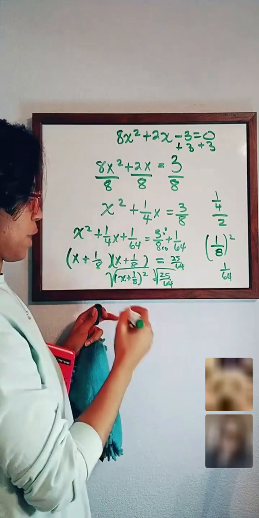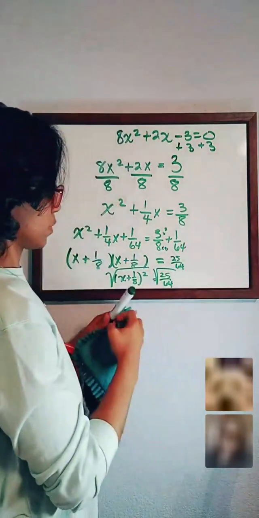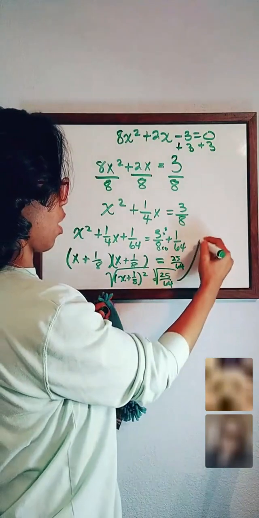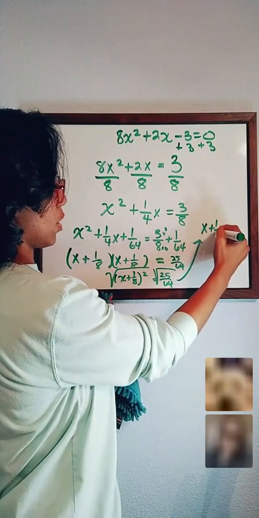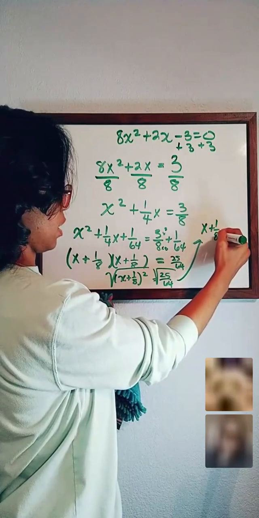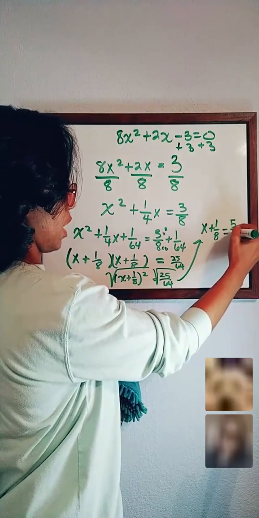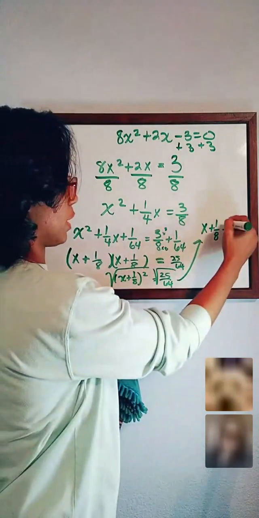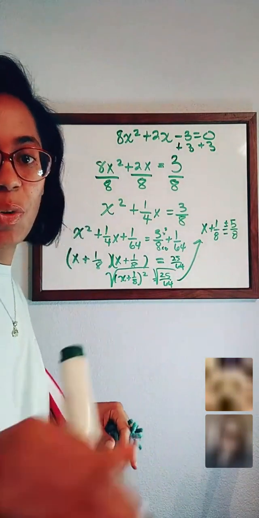We gotta take the square root first, right? Oh, sorry. I was gonna rewrite it in standard. Oh, rewrite it in vertex form. That's what I'm used to doing. So x plus 1/8 is equal to, what is that, 5/8. Oh wait, plus or minus. Look at us doing this. We doing it good.